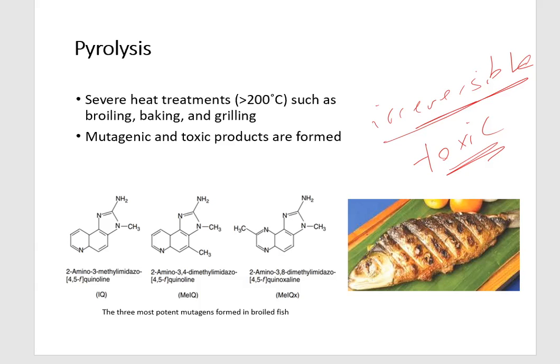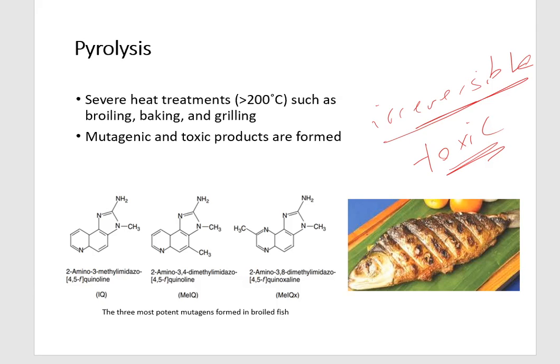So when we talk about pyrolysis, it's a severe heat treatment when proteins are heated above 200 degrees Celsius during processes such as broiling, baking, and grilling. So these amino acid residues undergo decomposition and pyrolysis.